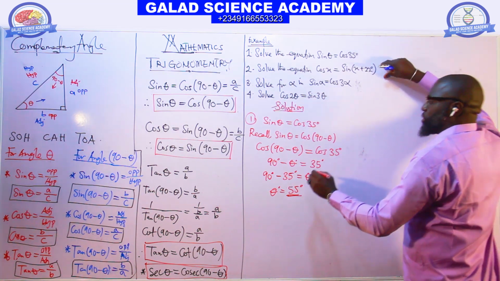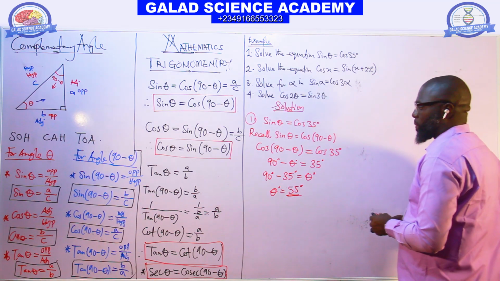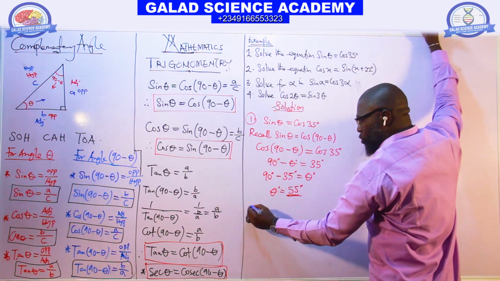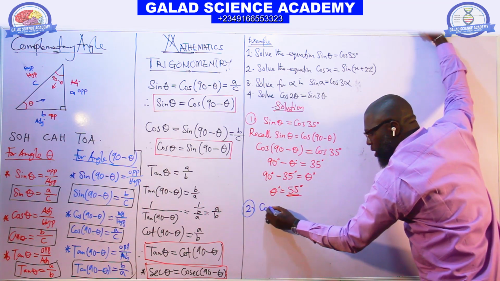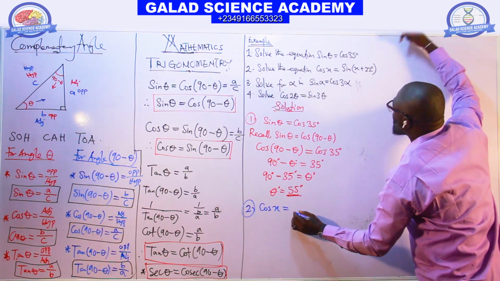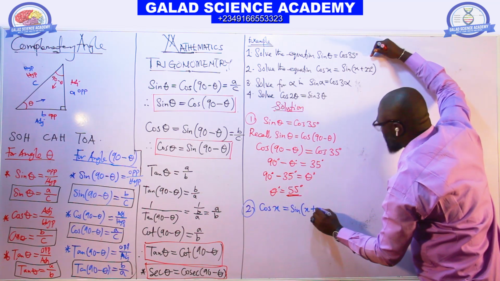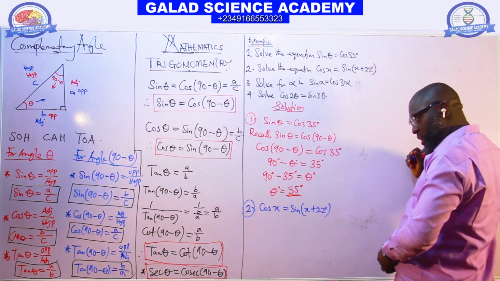So the second question, we are given that cos x is equal to sine of x plus 22 degrees. Complementary angle.